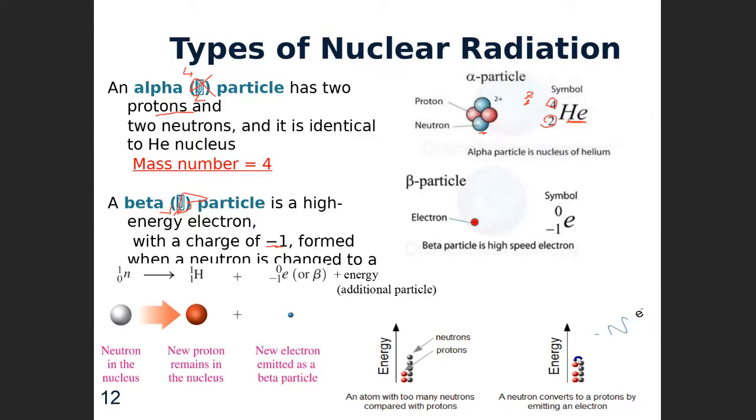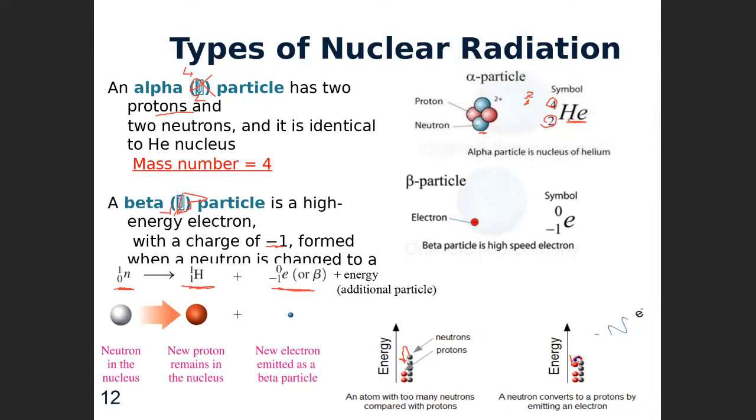If we have, for example, in the nucleus 5 neutrons and 2 protons, and one of the neutrons has been changed to a proton, this change will emit the beta particle in the form of an electron with negative charge. One neutron had been changed to one proton, which will emit the beta electron.